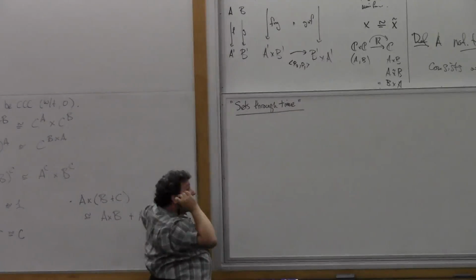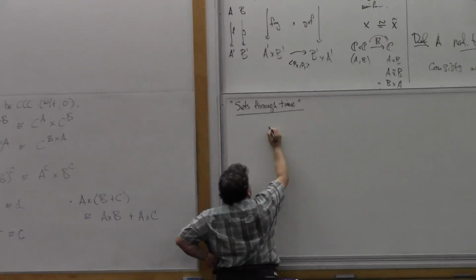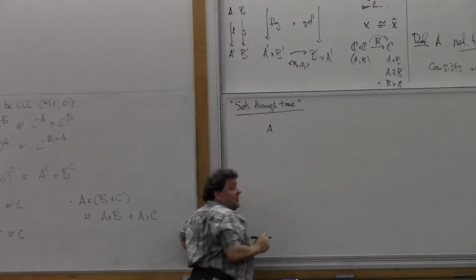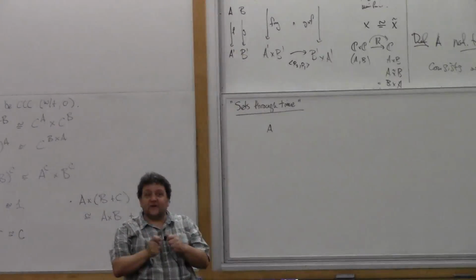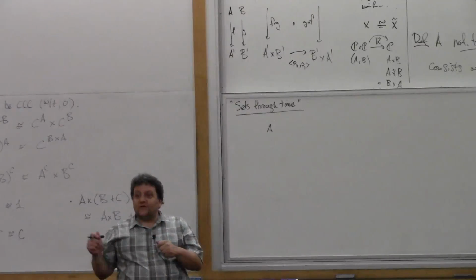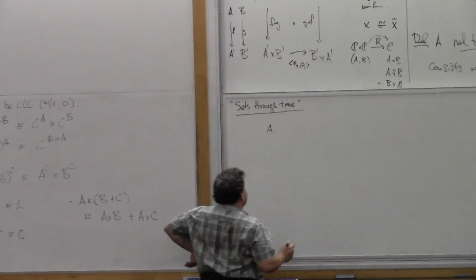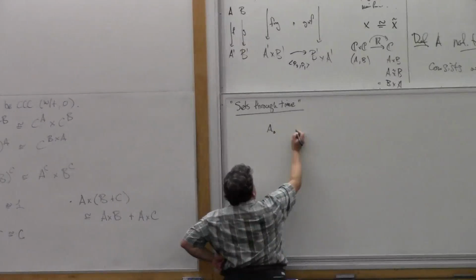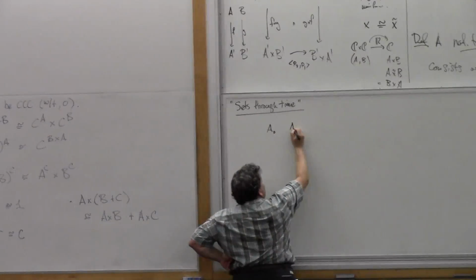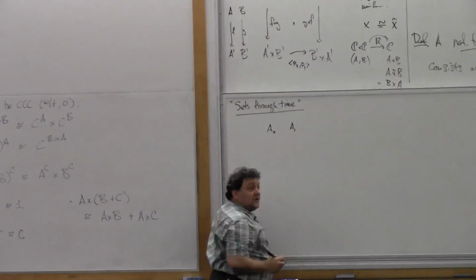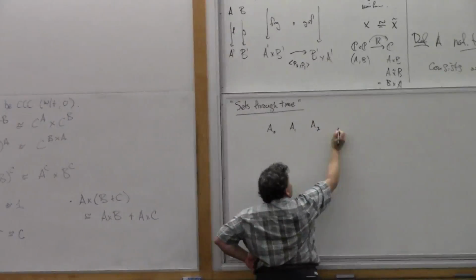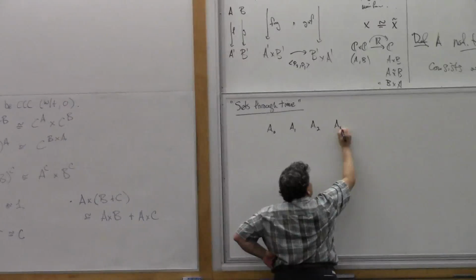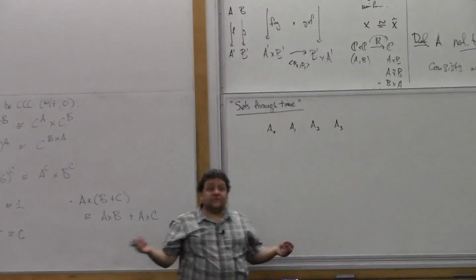So a set through time is the following thing. Here I'm talking about discrete time. So there are moments of time, 0, 1, 2, 3, 4, and so on. Discrete moments of time. So there's a set A0 at 0, and a moment later, at 1, there's another set A1. And a moment later, there's another set A2, and so on, forever and ever. So this is a set, and it's evolving through time.